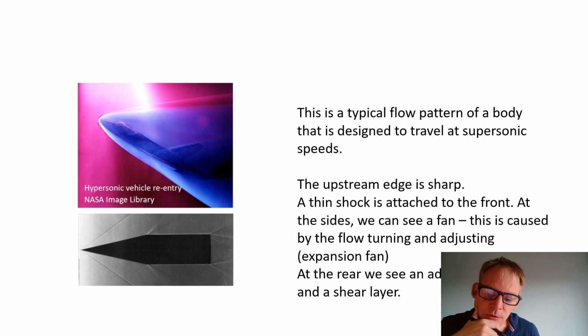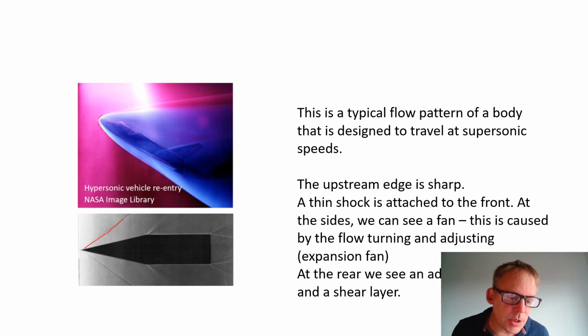There are advantages in terms of material selection of why that's a good thing to do. And we see at the back, this is an axisymmetric body, so we see the shocks, expansion fan, wake.